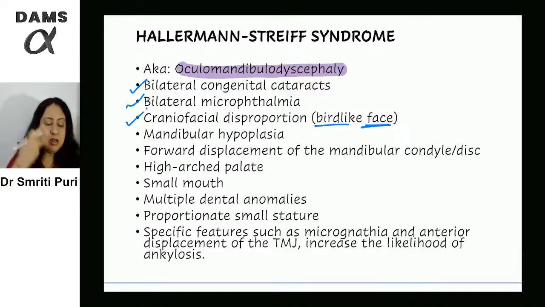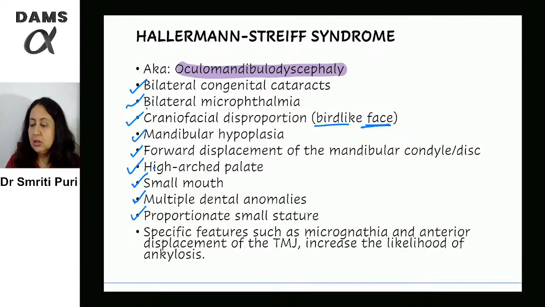This entire craniofacial skeleton will be disproportionate, it won't be in the normal proportions. Mandibular hypoplasia. Forward displacement of the mandibular condyle disc. That means the disc or the condyle will be anteriorly placed as against its normal anatomy. Fine. High arched palate, small mouth, again forming a part of craniofacial disproportion, multiple dental anomalies, proportionate small stature. Overall stature of the patient would be small.